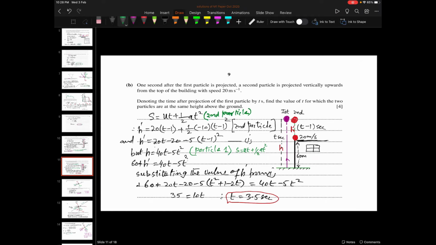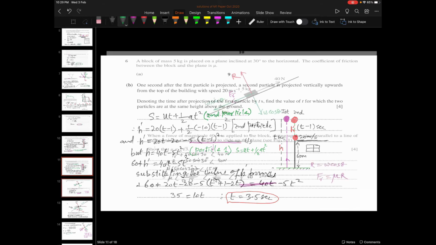We have 60 plus 20t minus 20 minus 5 multiplied by t square plus 1 minus 2t, which is the value of t minus 1 whole square, is equal to 40t minus 5t square. From this equation, we get 35 is equal to 10t. Therefore, t is equal to 35 upon 10, which is equal to 3.5 seconds.